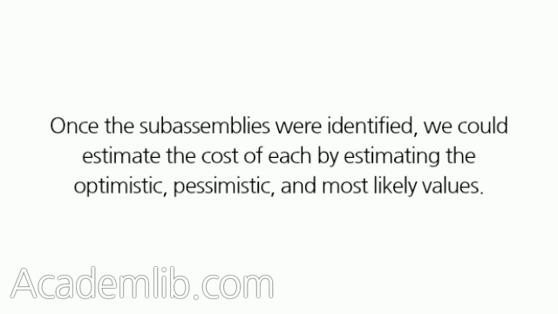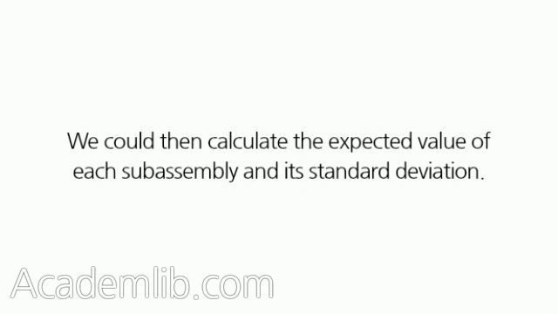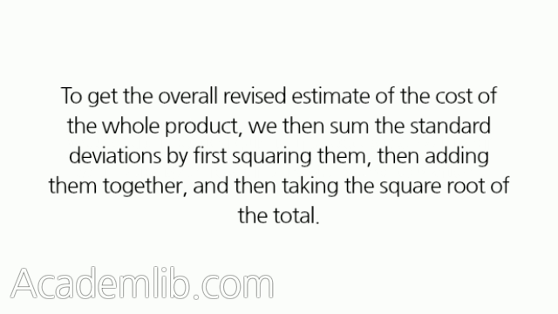Once the subassemblies were identified, we could estimate the cost of each by estimating the optimistic, pessimistic, and most likely values. We could then calculate the expected value of each subassembly and its standard deviation. To get the overall revised estimate of the cost of the whole product, we then sum the standard deviations by first squaring them, then adding them together, and then taking the square root of the total.